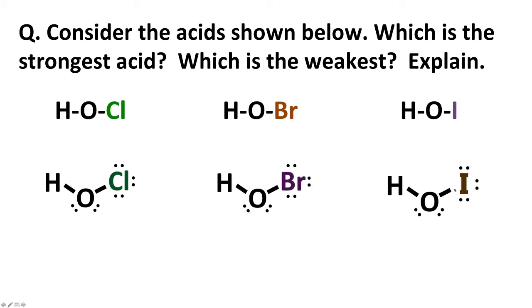And the key factor is, since Cl is more electronegative than Br, and Br is more electronegative than I, Cl is going to withdraw more electron density towards it than Br will, and Br will do the same, will withdraw more electron density towards it than I. And withdrawing electron density from a little farther location in the molecule ends up getting a weaker bond. Withdrawing less electron density makes a stronger bond.